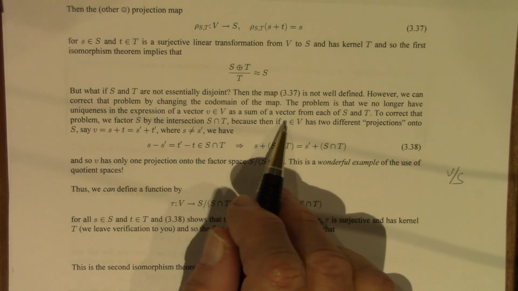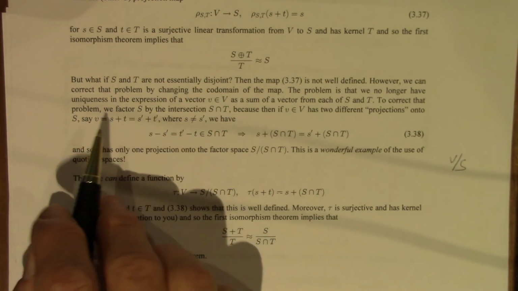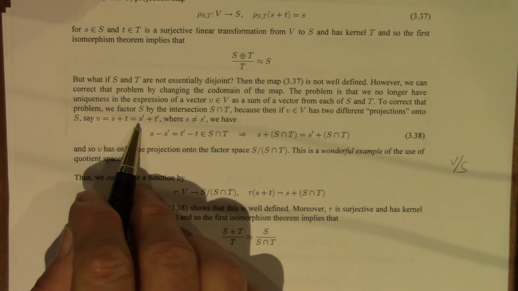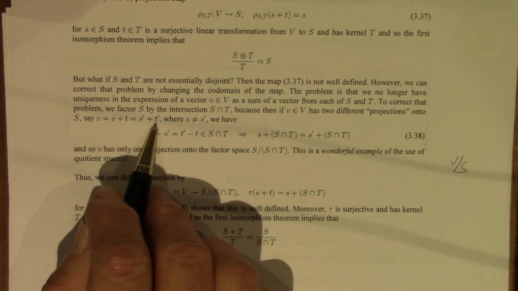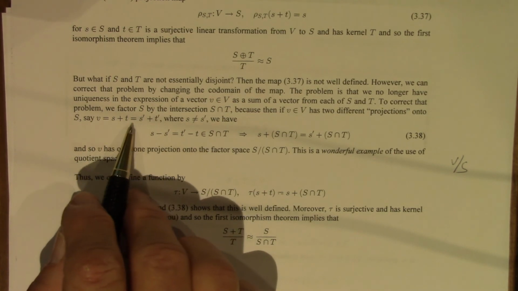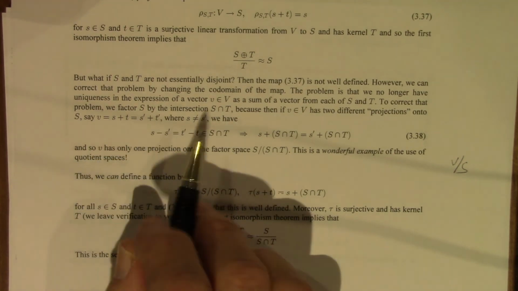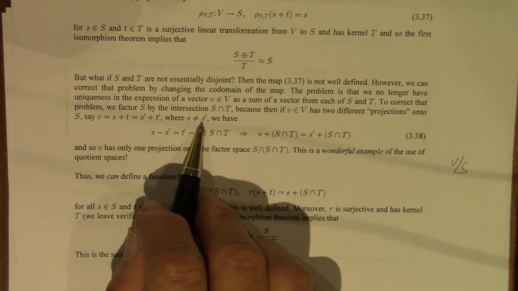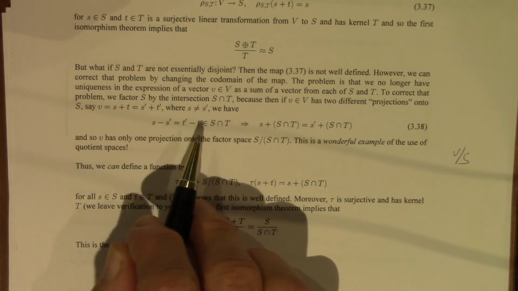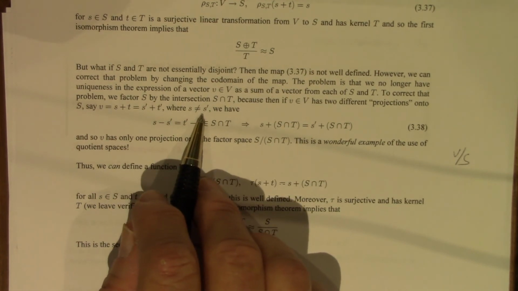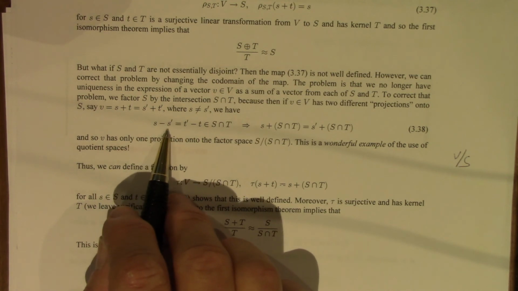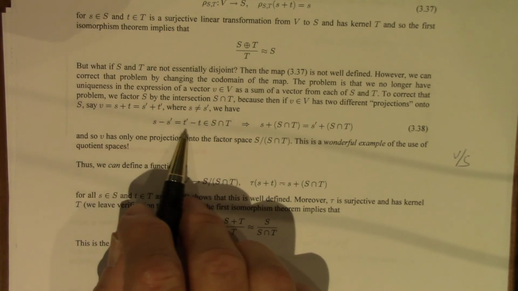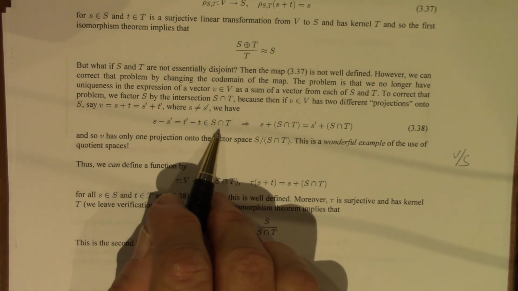And the reason this works is that if a vector has two different projections, so if V is s plus t and also s prime plus t prime, where the s's belong to capital S and the t's belong to capital T, but if s and s prime are different, or maybe I should say regardless of whether they're different or not, we have s minus s prime equals t prime minus t, and so this vector belongs to the intersection.